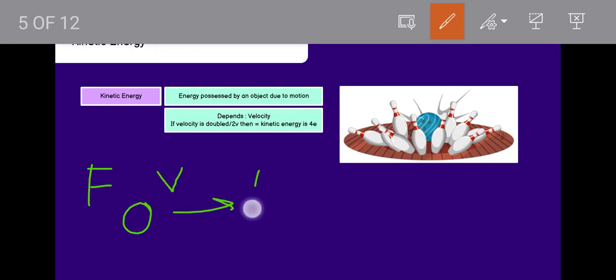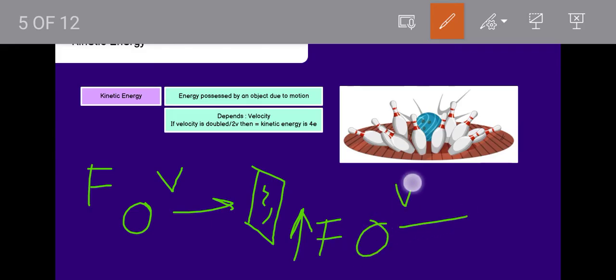So the force is not enough to break a glass and it will just make cracks on the glass. But if I increase the force, my velocity will also increase. So the increased velocity can break the glass and either make a hole in it or crush the glass.